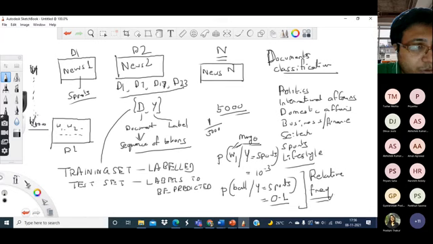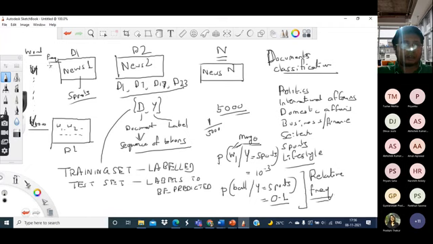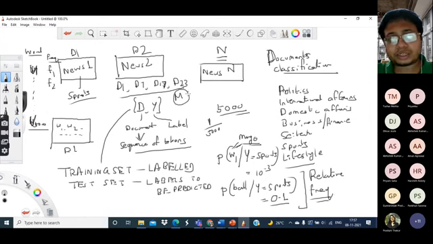Each is a word with its frequency. I count how many times V1 has appeared in these 4 documents, F1, how many times V2 has appeared, F2, and so on. Let us say these 4 documents together have a capital M number of words.